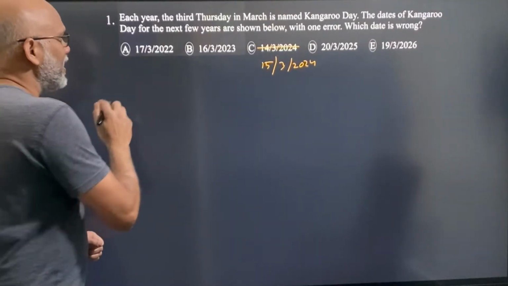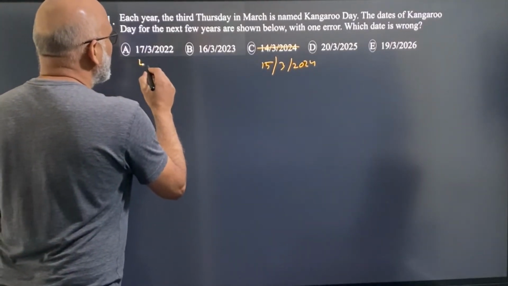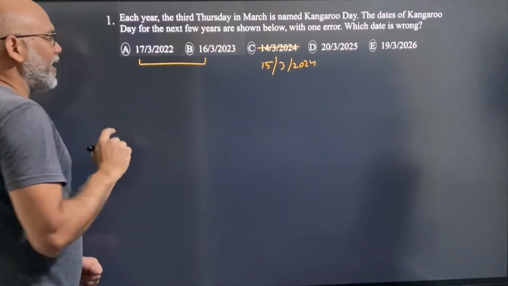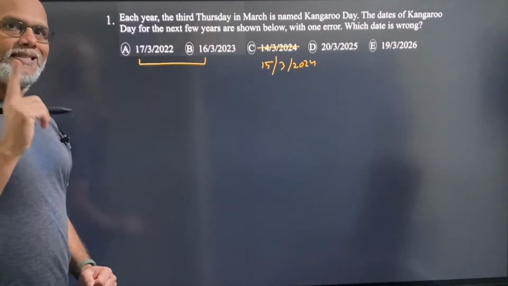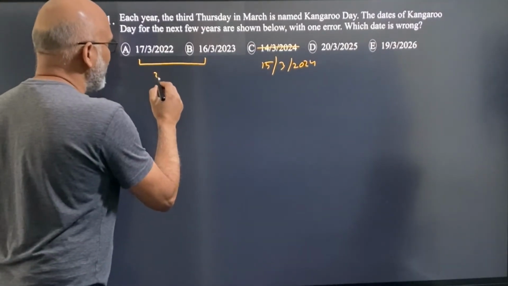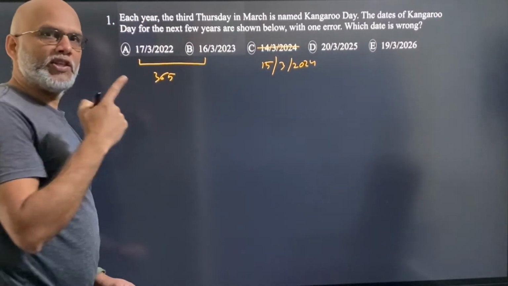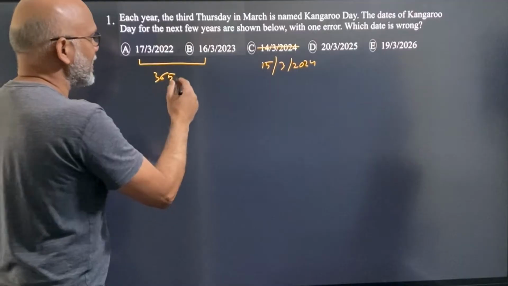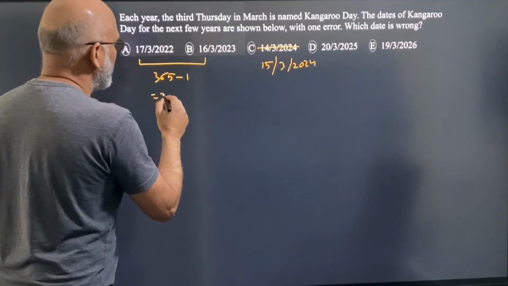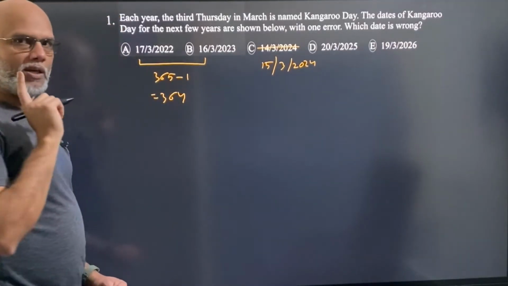Now next, I should know how to calculate the number of days between these two dates, right? In a year, there are 365 days, right? So 365. If I went from 17th to 17th, that will be 365, but I'm going one less day. So minus 1, that is 364 days. All right.